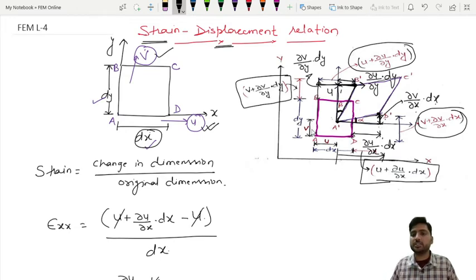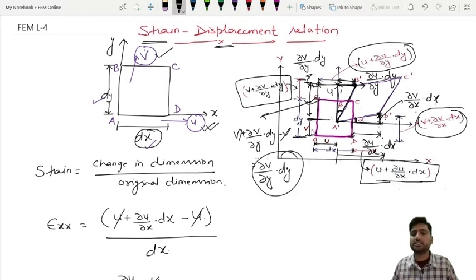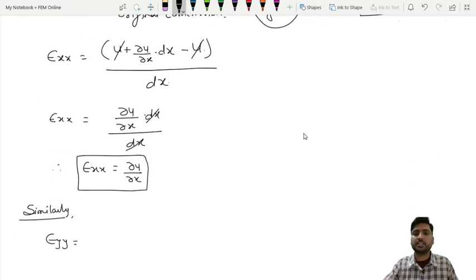Now, from this point to this point, what will be the distance we get? v plus del v by del y into dy minus v, which means it will be del v by del y into dy. This is the distance, right? So we will write here.